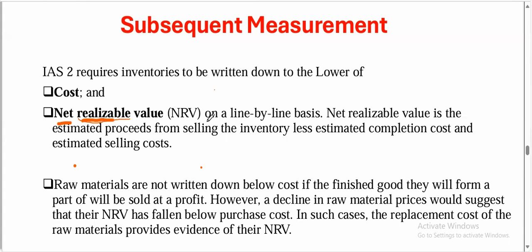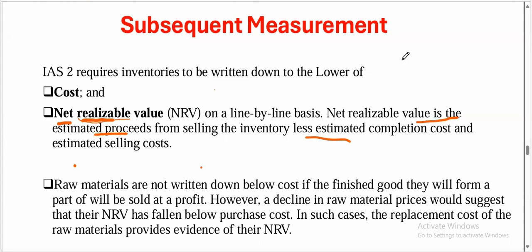So net realizable value here is the estimated proceeds from selling the inventory less estimated cost to complete and estimated cost to sell, right?